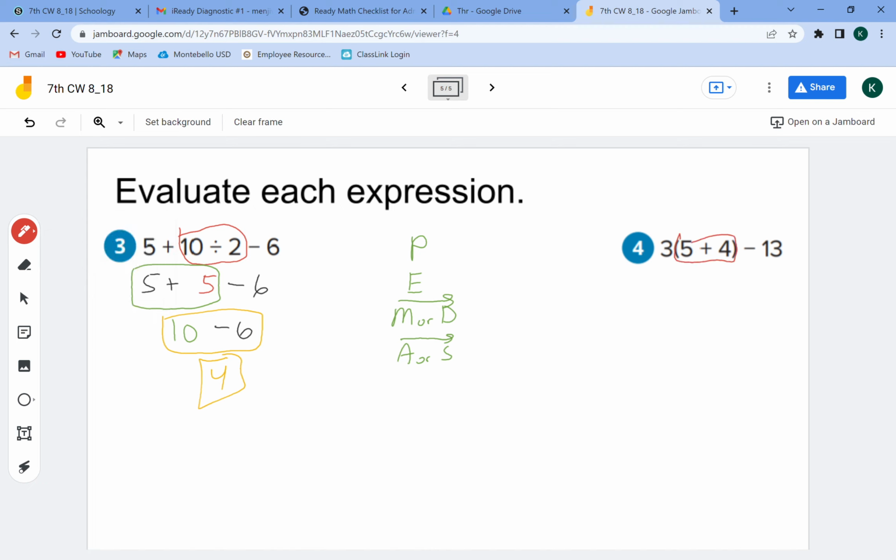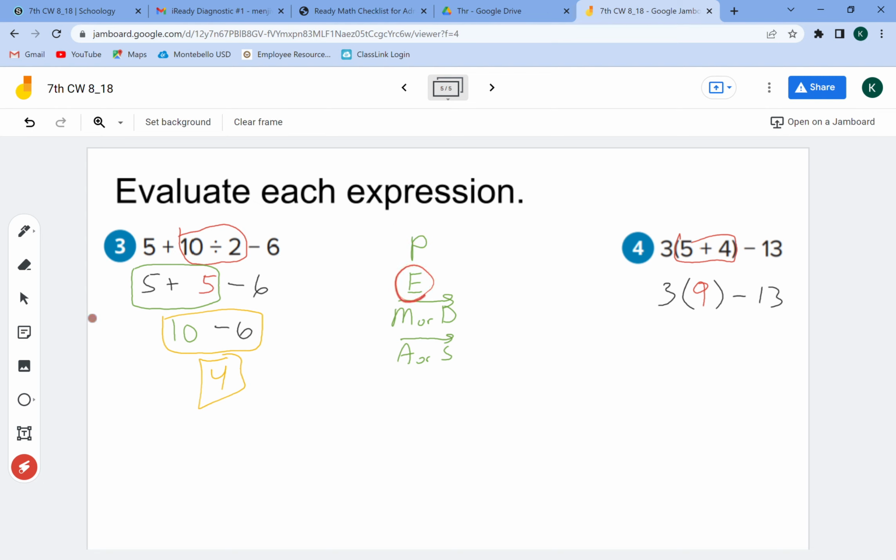Then I'll have 5 plus 4, and 5 plus 4 gives me a 9. But keep in mind that there were parentheses around here. This is in parentheses, this had a 3, and over here is the minus 13. Okay, so now I did the parentheses, it's gone.